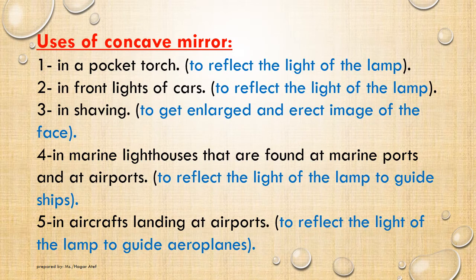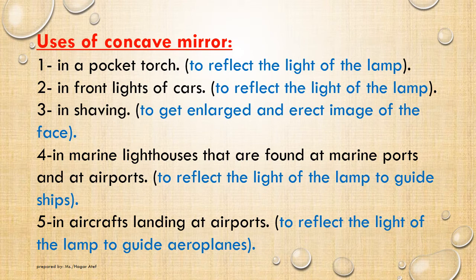Uses of concave mirror. Number 1, in a pocket torch to reflect the light of the lamp. Number 2, in the front lights of cars to reflect the light of the lamp. Number 3, in shaving to get an enlarged and erect image of the face.